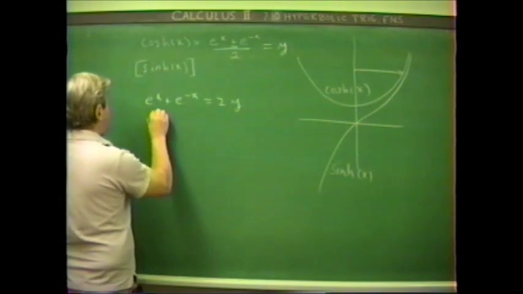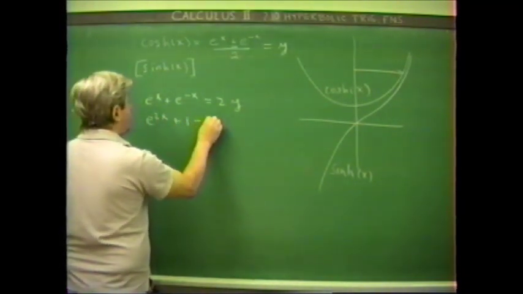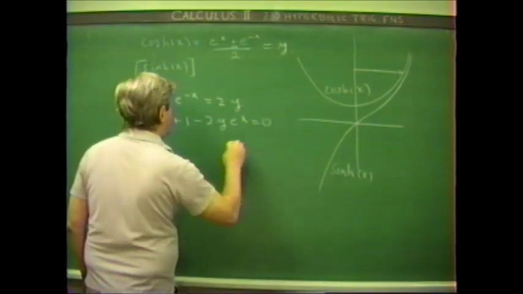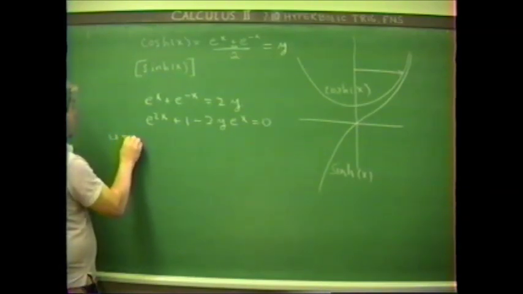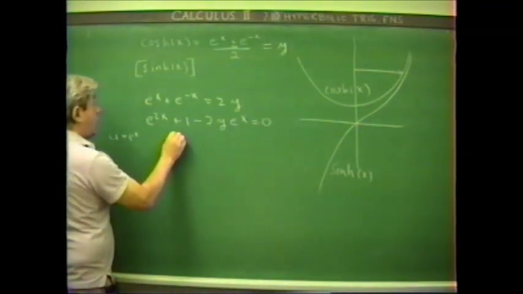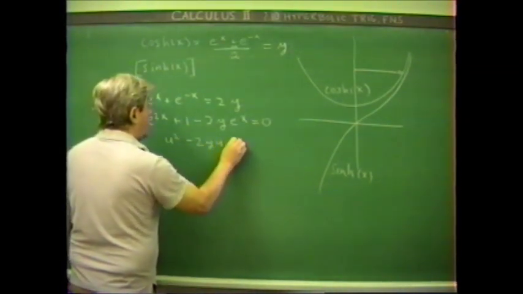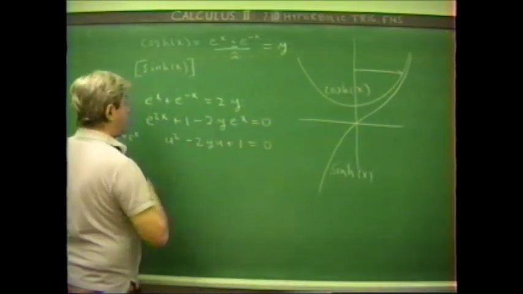So we get e to the 2x plus 1 minus 2y e to the x is equal to 0. Now, if we write u equal to e to the x, then this looks like u squared minus 2yu plus 1 equals 0. This is u squared, and this is u.